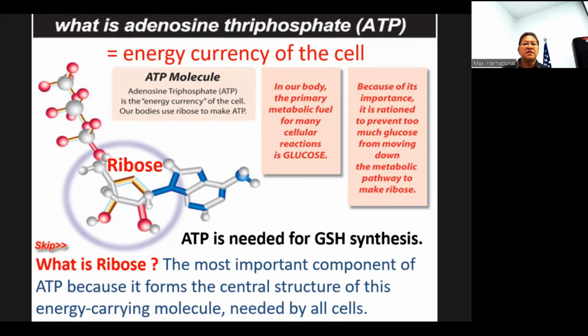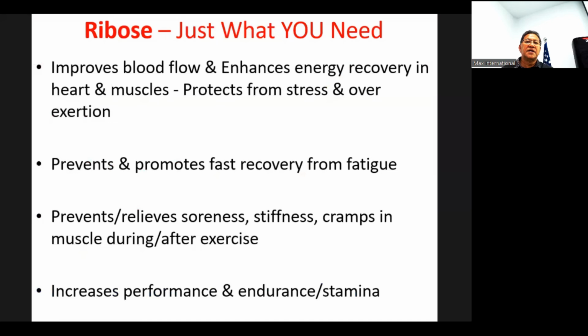Our entire body uses ATP as an energy source, and that's why it's very important, especially for the heart and muscles. It improves blood flow, enhances energy recovery, protects from stress and overexertion, prevents and promotes fast recovery from fatigue, prevents soreness, stiffness, cramps in the muscles during and after exercise, and increases performance, endurance and stamina.